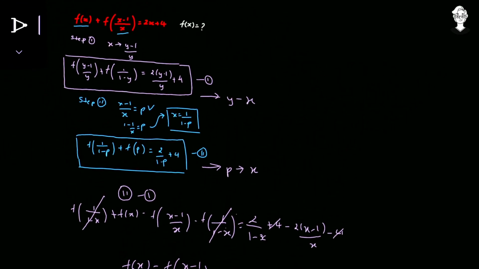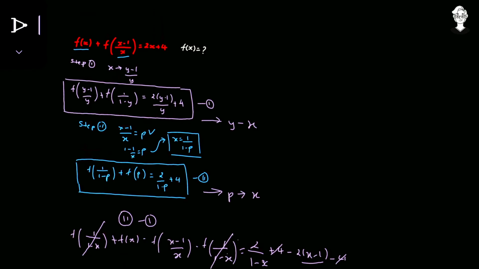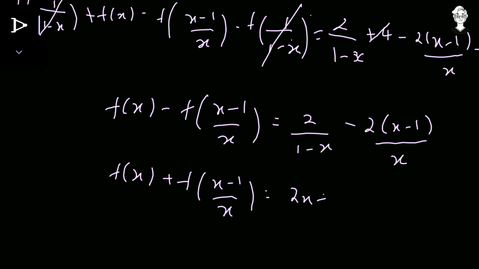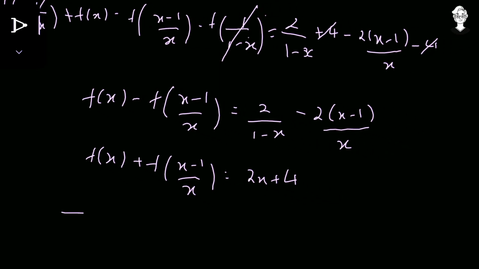Now remember the original equation. The original equation, I am writing it over here, f of x plus f of x minus 1 upon x is equals to 2 times x plus 4. This is the original equation. Now what if I just add these two equations, the one I have just obtained and the one which was already given.